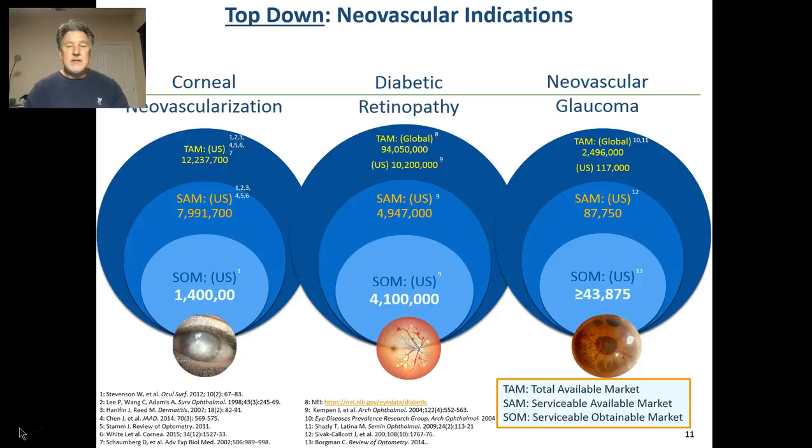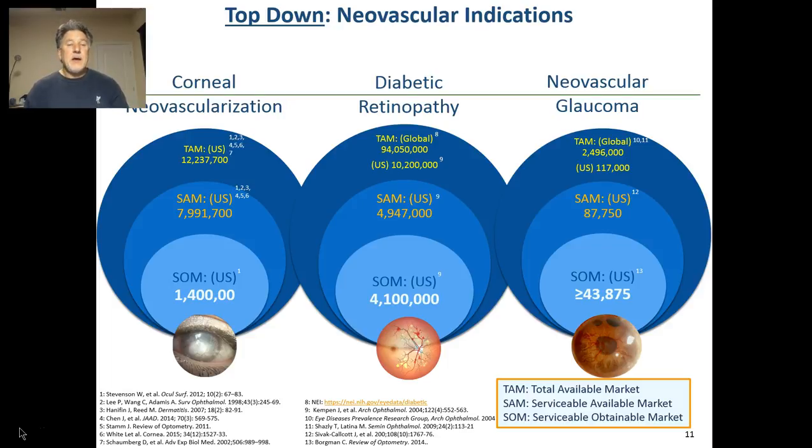So, for instance, the neovascular glaucoma space is very small. Well, strategically, we can use that to our advantage because from a development vantage point, we may be able to go after what we call an orphan drug indication. Or if we want a large and robust market, we can go after the diabetic retinopathy marketplace, which is very, very large, and this is where a lot of companies are going.